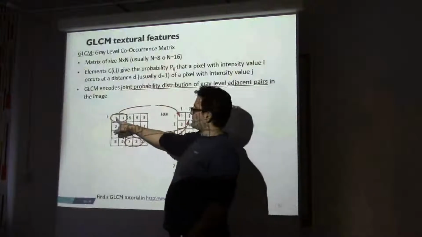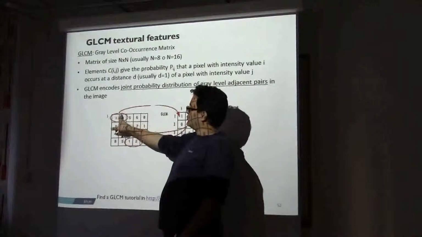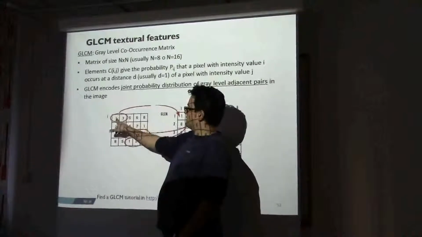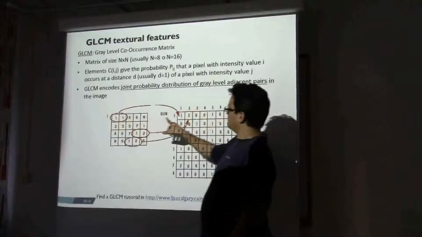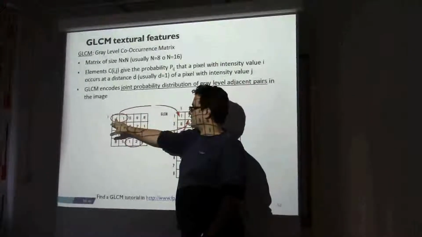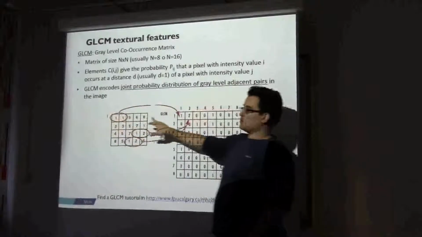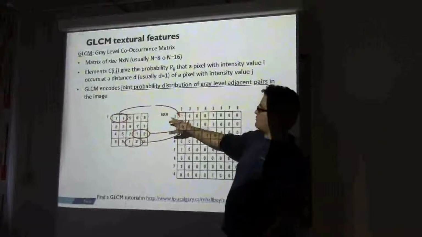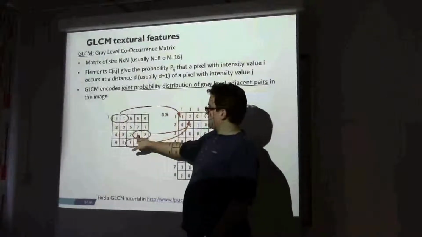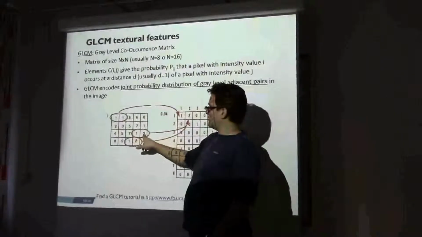And then you take one pixel in the image and look at the neighbor. In this case, if they have the same gray value, you increase 1 in the position. Well, it has the gray value 1, and here it has the gray value 1. So you increase 1 in position 1, 1 of your matrix. Here, this has value 1, and this has value 2.